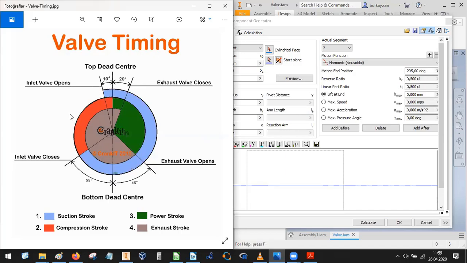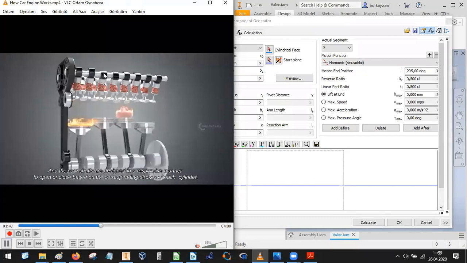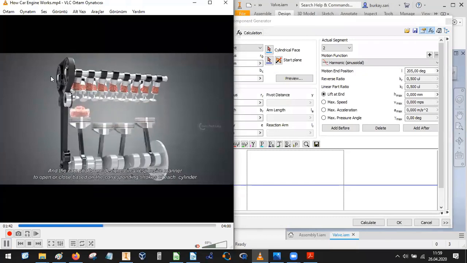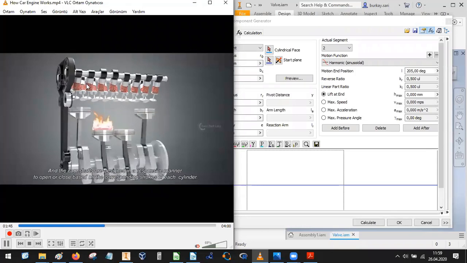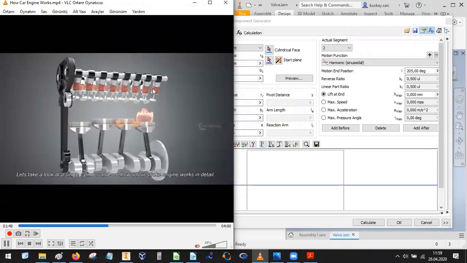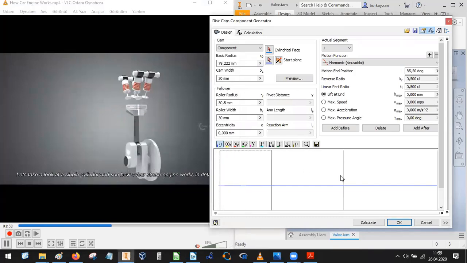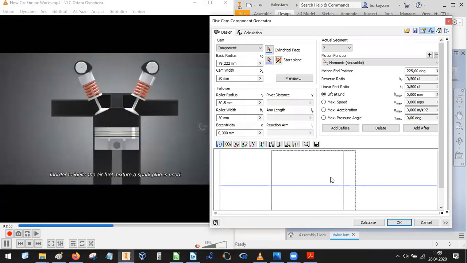For this, we have separated our movement, as you see here, into two sections. One cam, the cam on the other side, controls the opening and the closing of the valves. For this, we need 2 cycles, like here, as you see in this example.